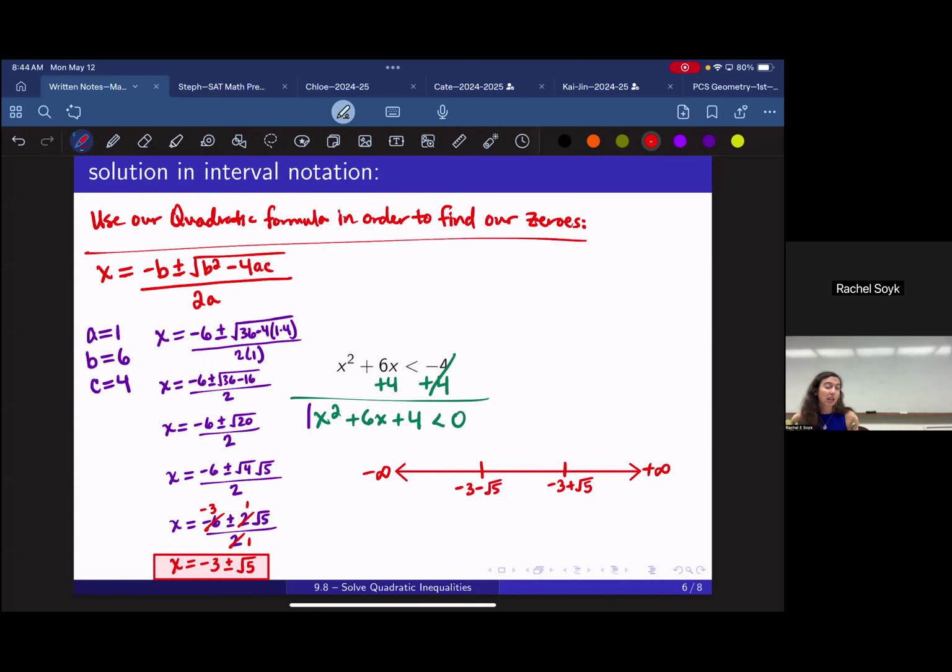So I'm assuming it's around 2.1 or 2.2. That's a good estimate. Let's just use 2.1. And so we're doing negative 3 minus 2.1, which will give us about negative 5.1. And then if we do negative 3 plus 2.1, we're looking at about negative 0.9.